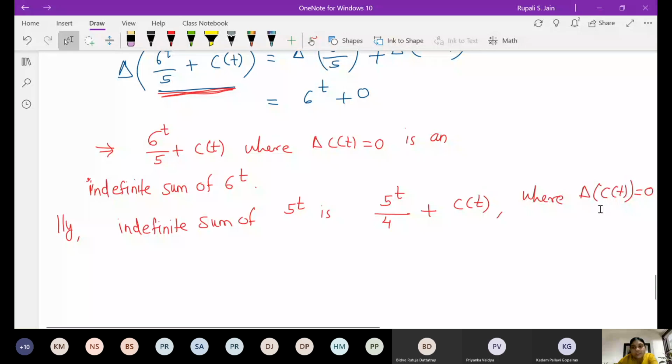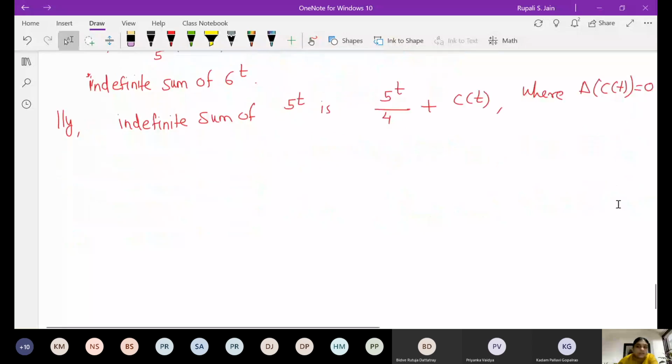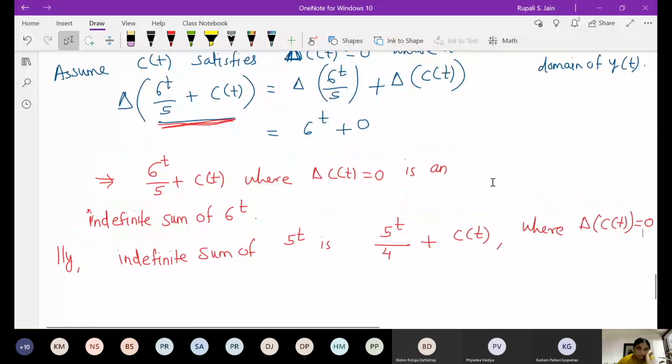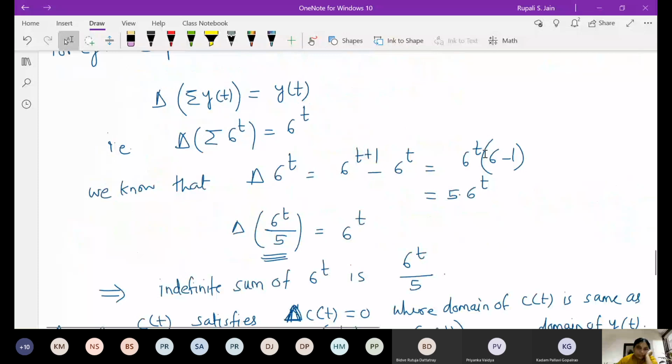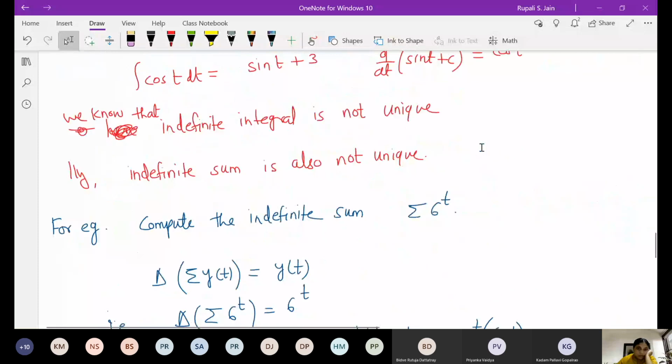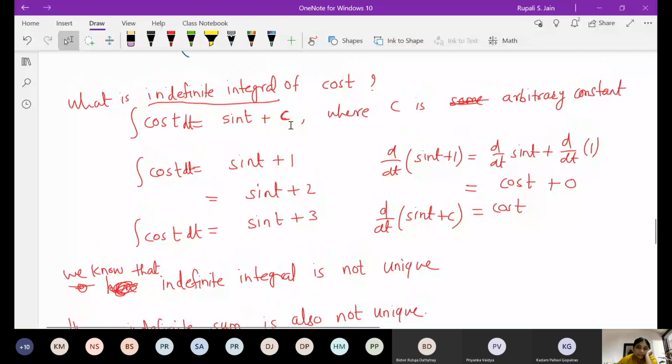Now, which are the functions where delta c of t is equal to 0? Why are we not taking a constant here, like in integration, where we take c as a constant? Here we are not taking only a constant.